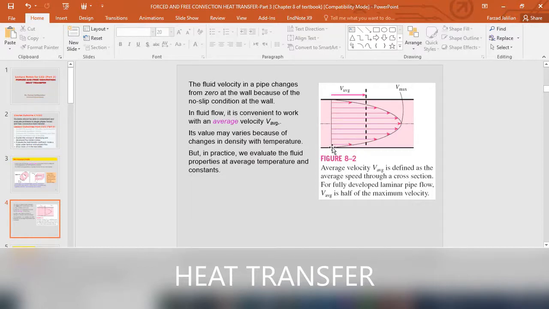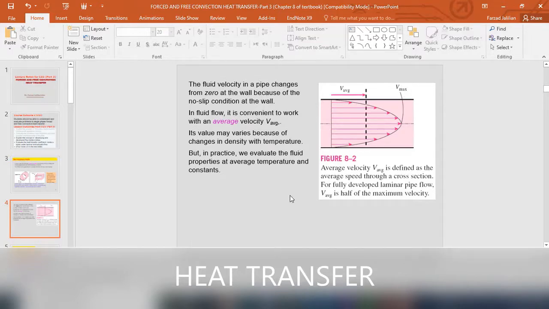We call that the no-slip condition. And at the center of the pipe the velocity will be the maximum, Vmax.